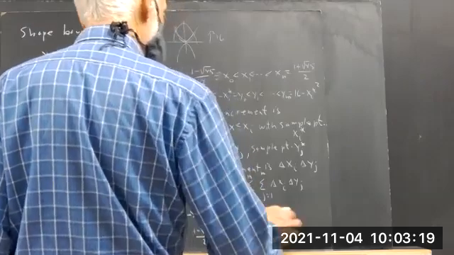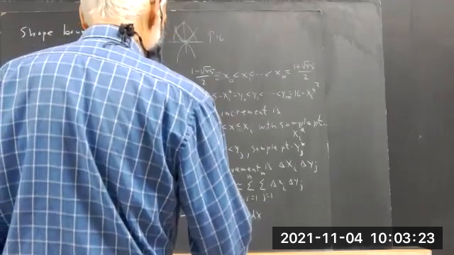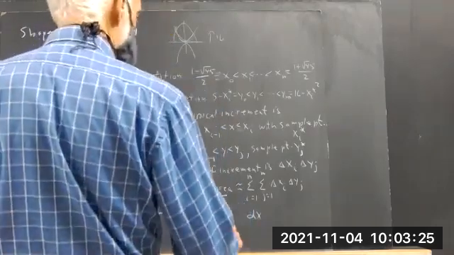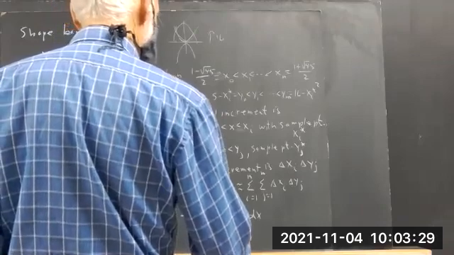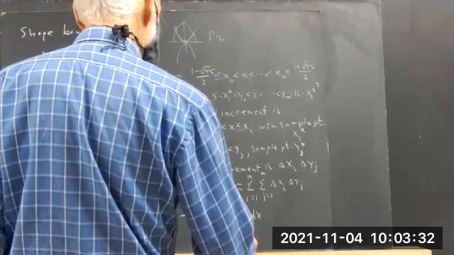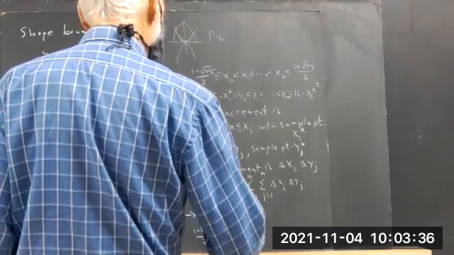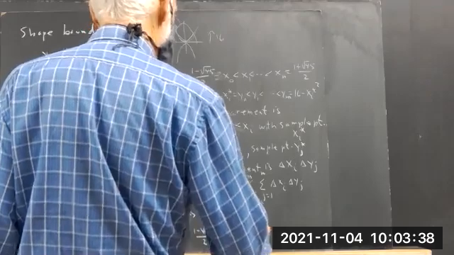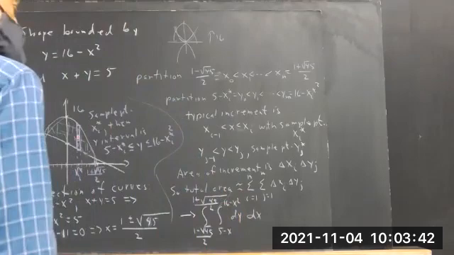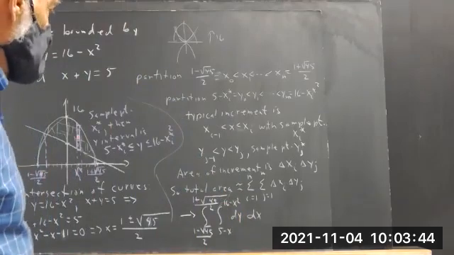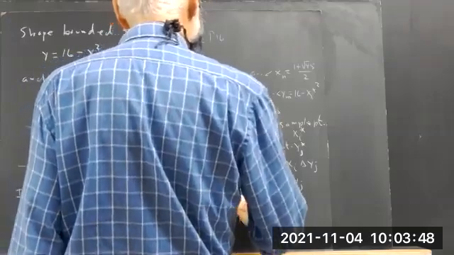What do we integrate with respect to x? Well, we integrate with respect to y from 5 minus x up to 16 minus x squared. There's the integral for the area of this thing. So let's go ahead and calculate that.